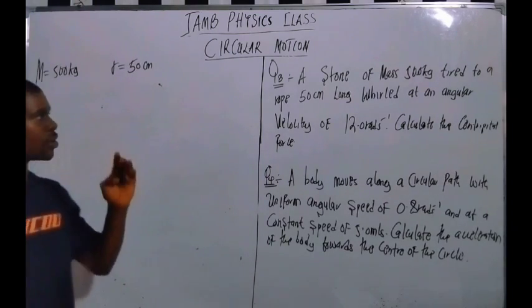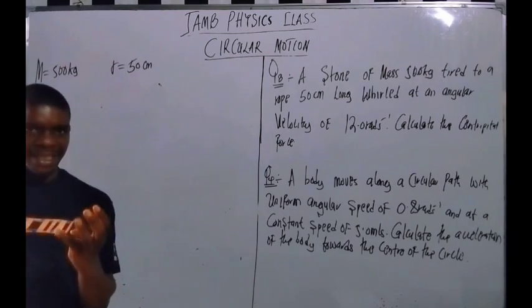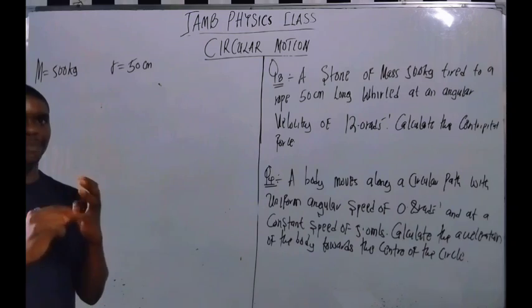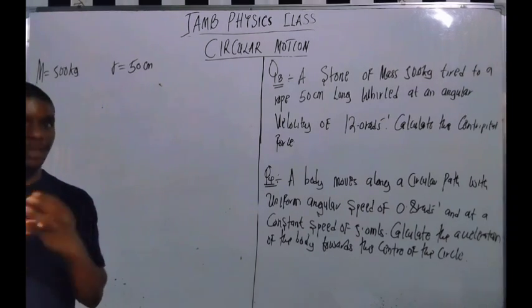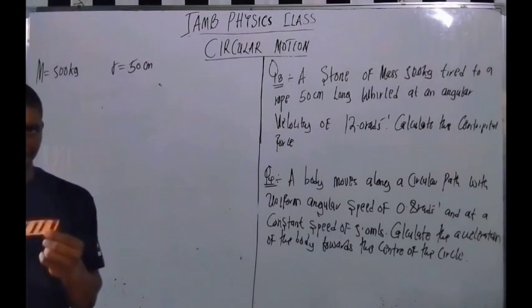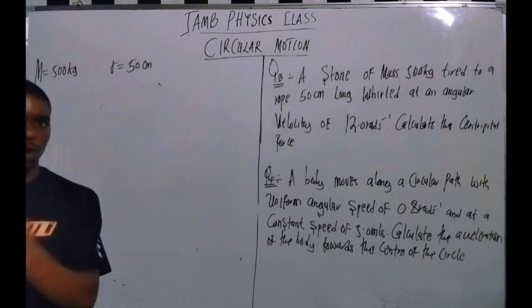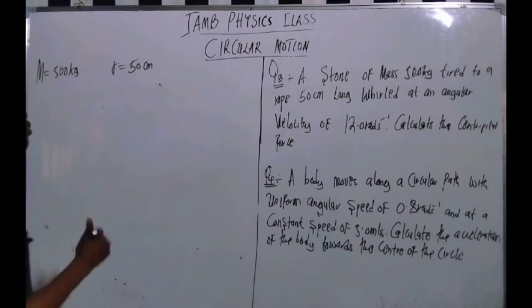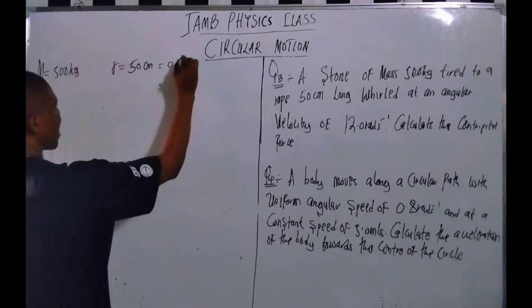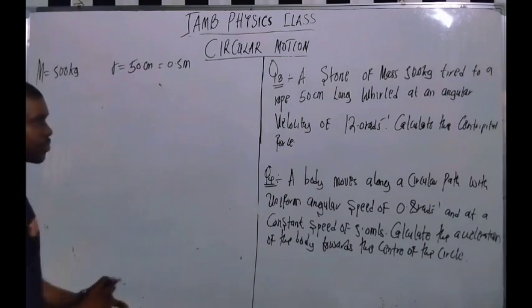Understand that in physics, length is measured in meter, so radius is measured in meter, but here they gave us centimeter. So we convert centimeter to meter by dividing by 100. If I divide this by 100, I'm going to have 0.5 meter, right?